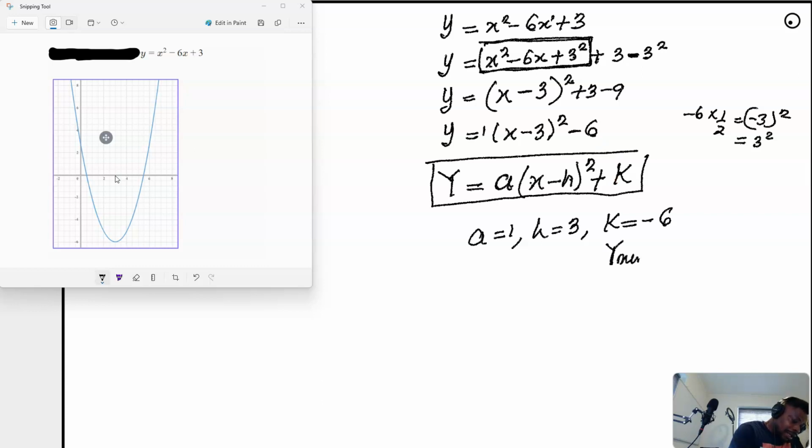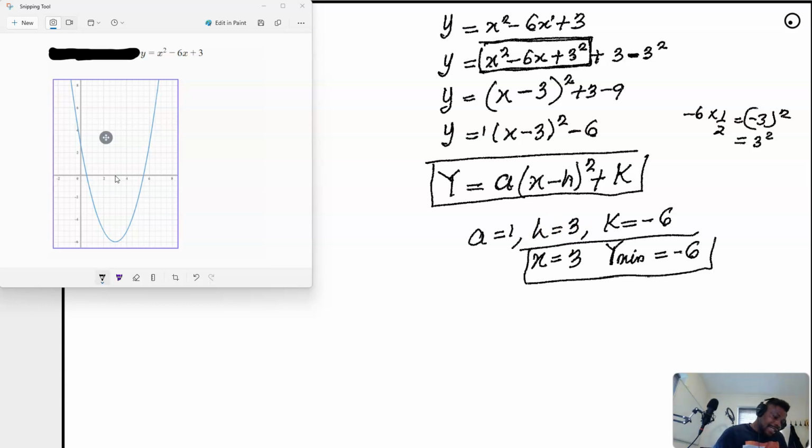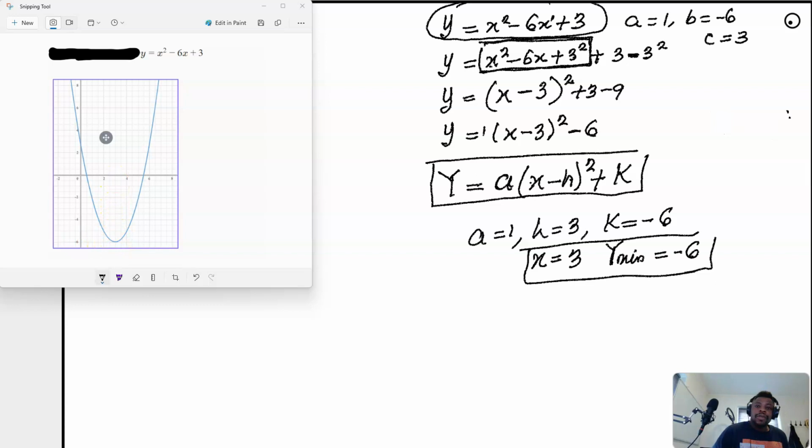That is the minimum because a is greater than 0 here. So y minimum we can get. So y minimum is minus 6. At what value of x? h is for x, which is 3. So you can see here, we have gotten x equal to 3. That is where you have the minimum value of y. And you can actually see it from this graph. y minimum is minus 6 at x equal to 3. So you can see we have our minimum point.